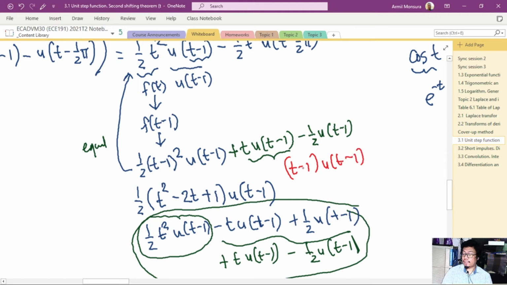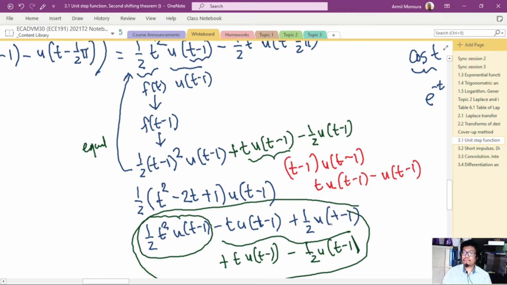But again, this does not essentially possess the same value as that of the previous expression. You have added this term because if you expand this term, the one written in red, this becomes t u of t minus 1 minus u of t minus 1.